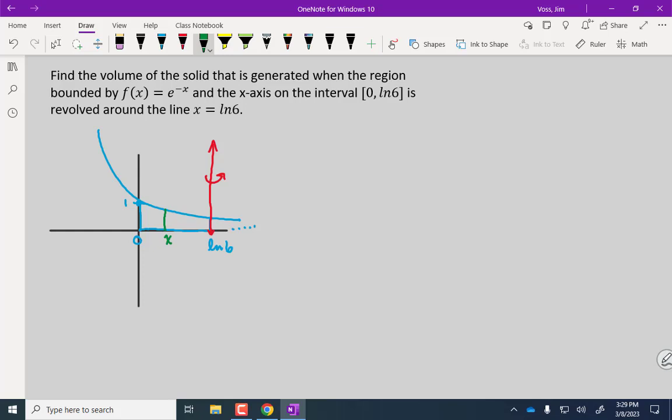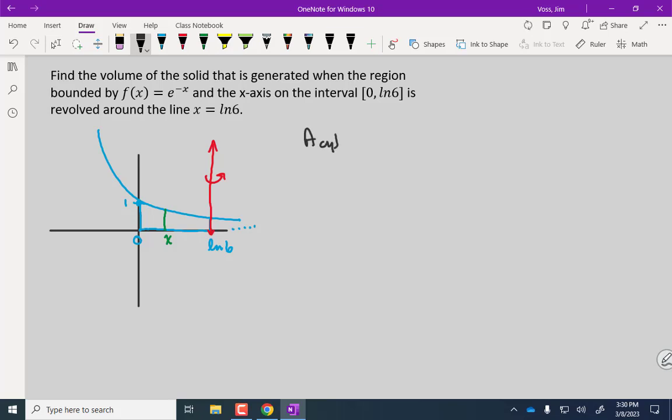If you draw a horizontal element right here, the right boundary is this vertical line. If you draw it right there, the right boundary is the exponential decay function. So we don't have consistent left and right boundaries all the way through. So we have to draw a vertical. That forces us to be using a cylindrical shell.